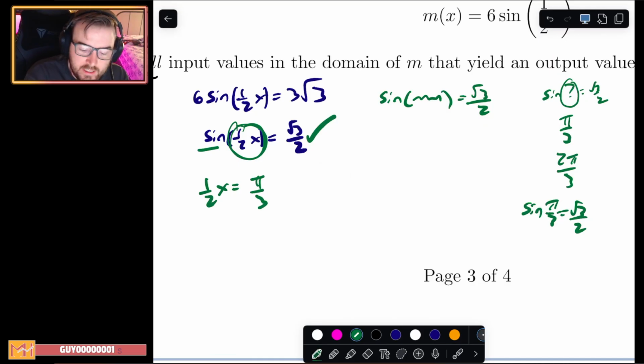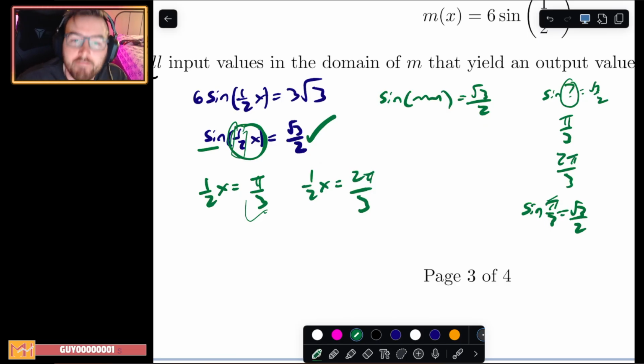X is not simply pi over 3 because it's being multiplied by a half. A half times x needs to give us pi over 3. 1/2 times x needs to give us 2 pi over 3. If we can make that happen, then we will have found the solution.